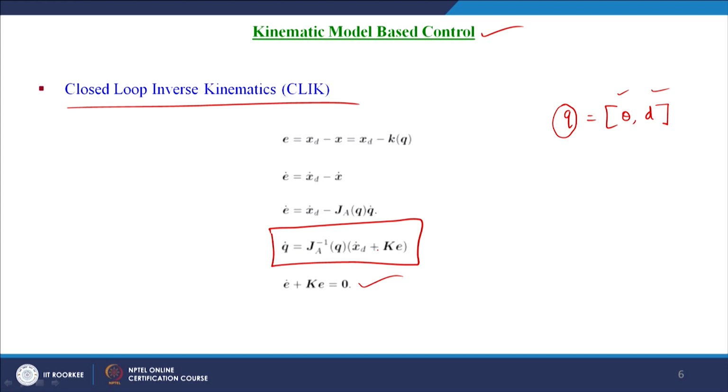So, this takes care of the error that is associated with the Cartesian trajectory, desired trajectory versus actual trajectory.